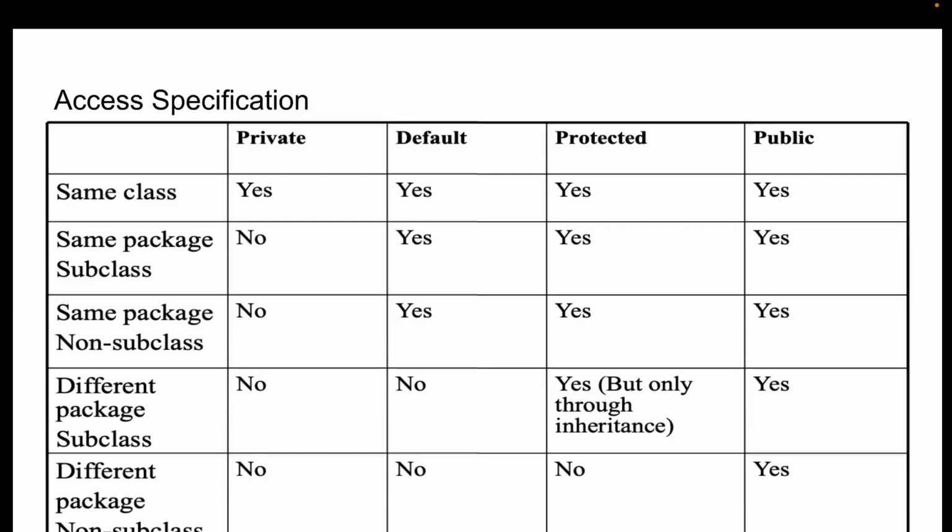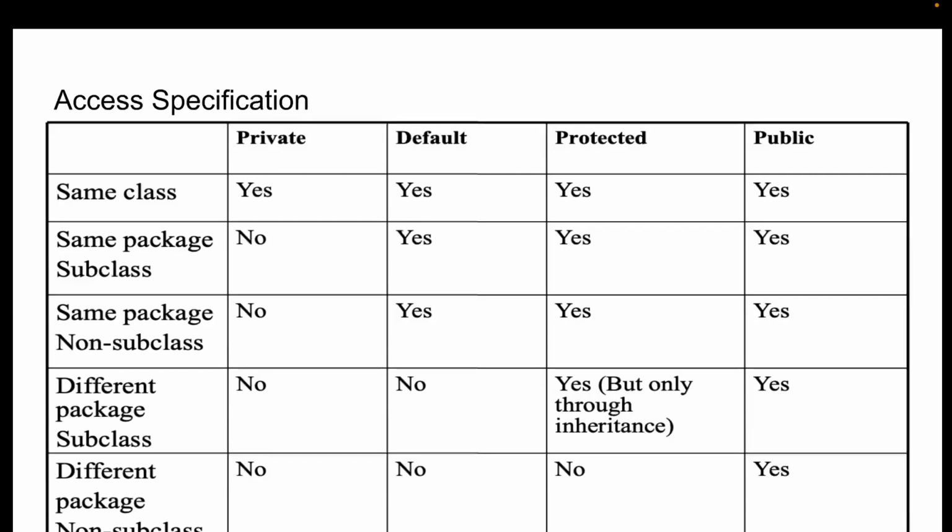And see, there are three things. It will be accessible in the same class. Suppose I have a default variable and a default method. It will be accessible in the same class, meaning you can call that method from any other methods as well. You can call that variable in any of the methods in the same class.